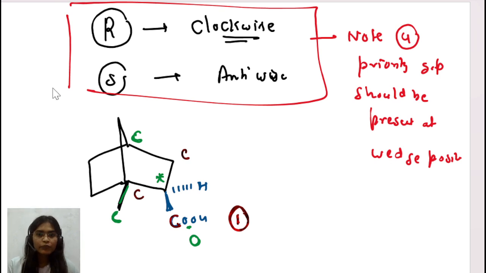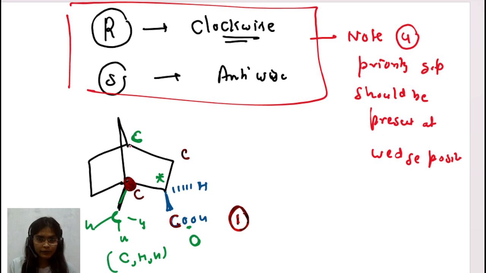So if you observe this carbon, let me just mark this red one. Look at the red one here. So according to this, let's observe this carbon. This carbon is connected with carbon, hydrogen, and hydrogen. Let's go back here.